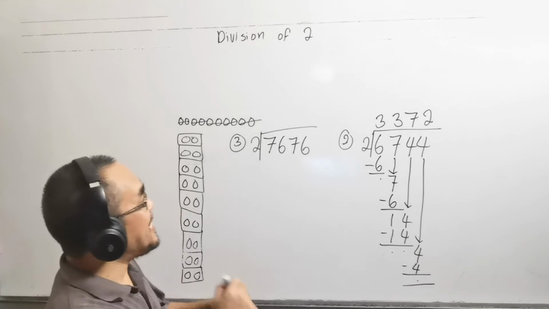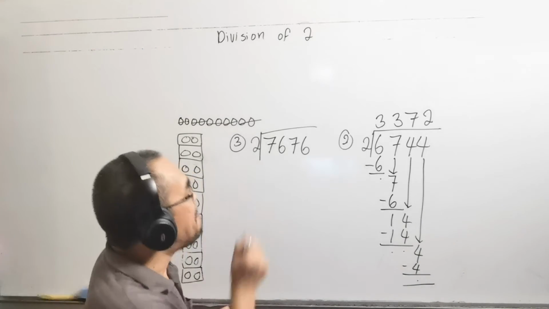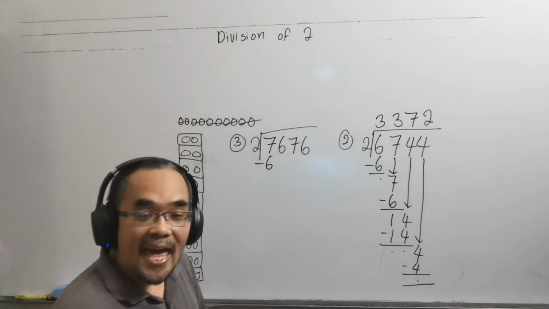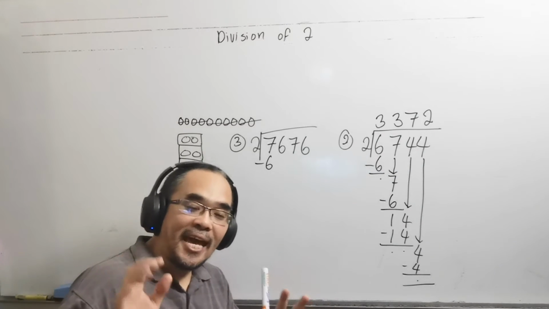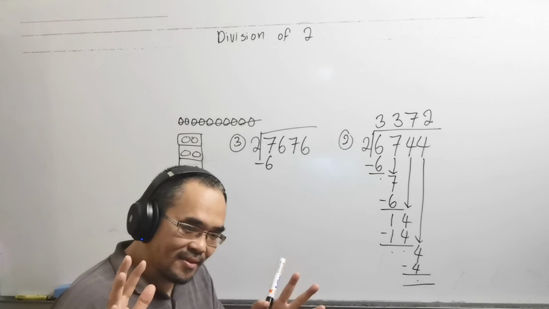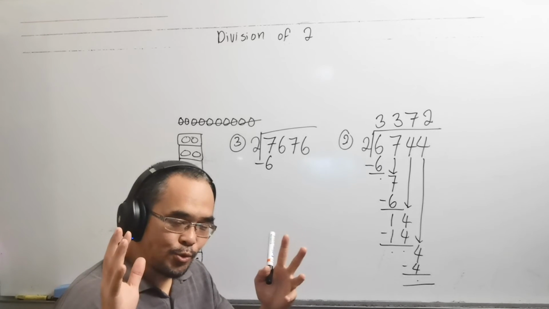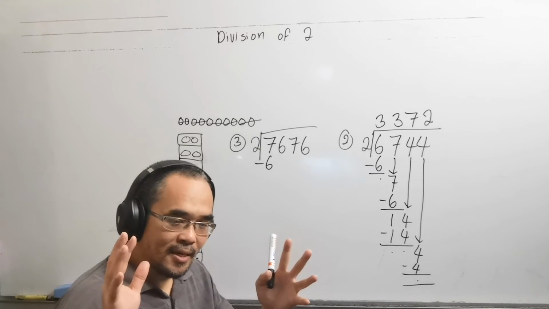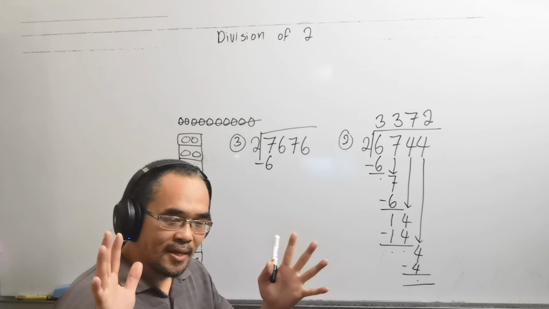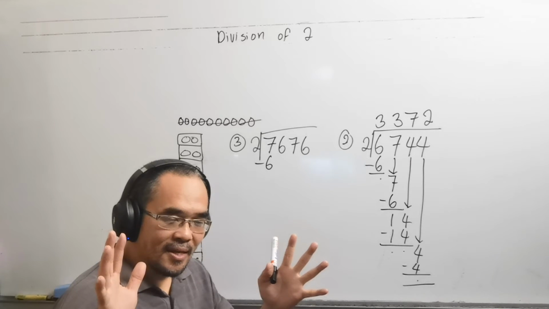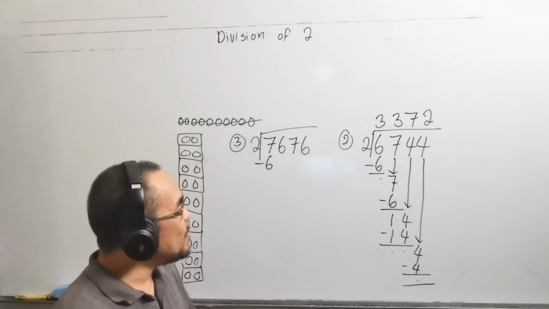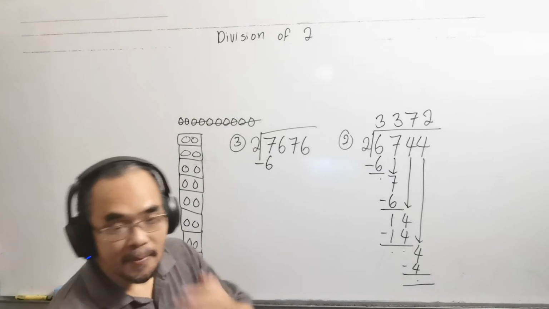You read 6, that is actually correct, but if you write down here, how many fingers did you use to get 6 just now? Incorrect.